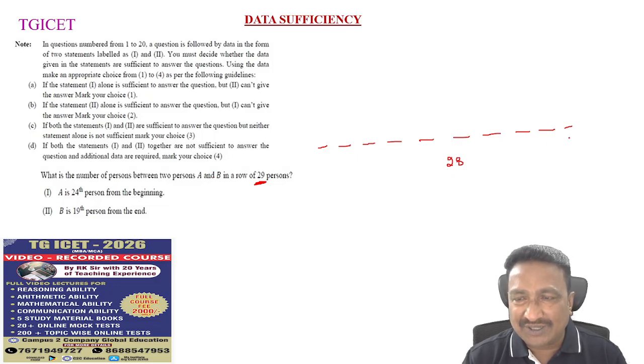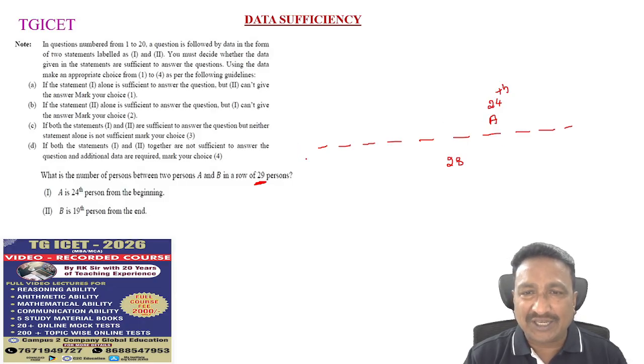Then above A, below A, there will be 5 persons. Before A, there are 23 persons. But according to the first statement, we don't know how many people are there between A and B, and we don't know B's position. So according to the first statement, we cannot decide the answer.